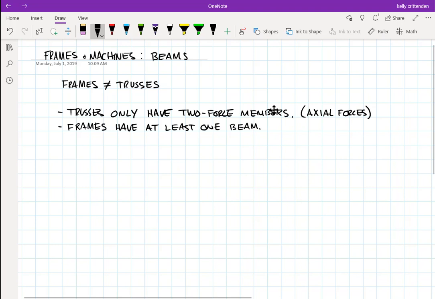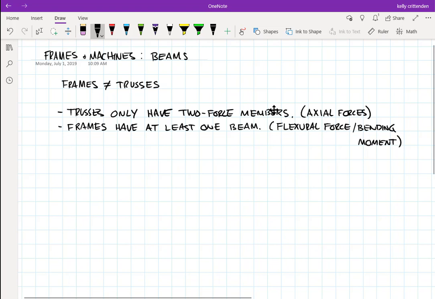But a beam has some kind of flexural force. We'll actually use another word a lot called bending moment. That may not make as much sense just yet, but the same idea, where you've got a force that's not applied axially, it's got some tendency to want to flex or bend the beam.